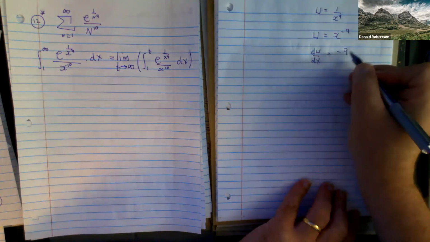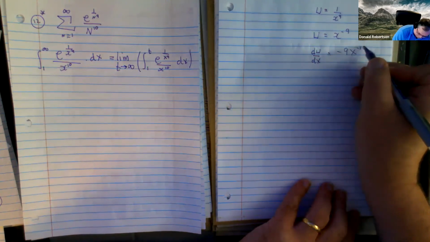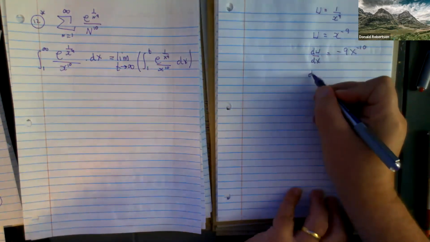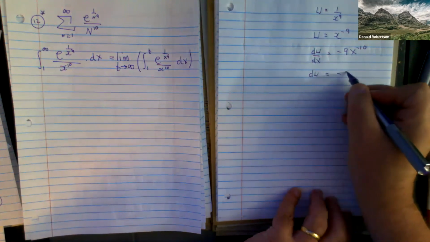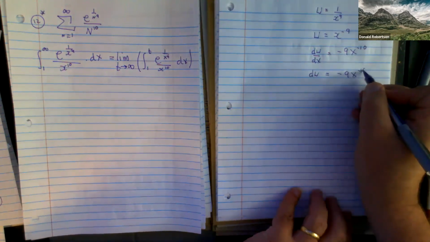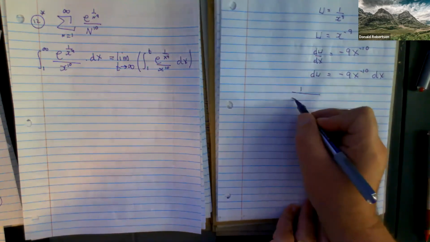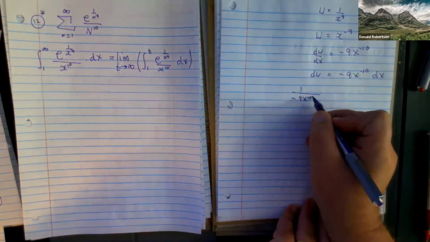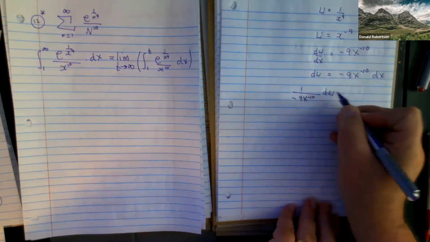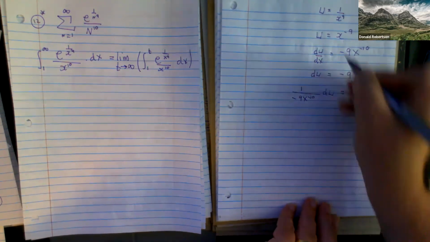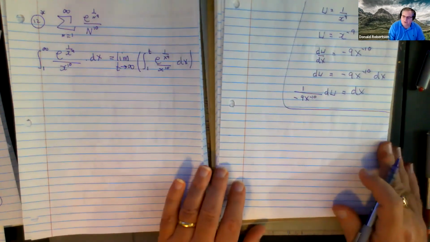Power rule. Do the crossover. Divide both sides. And we're finished with that bit.